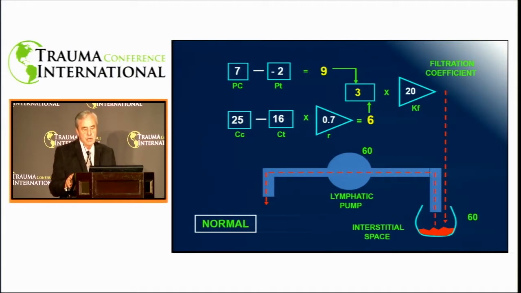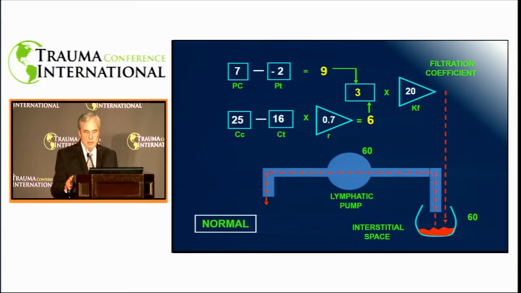Under them, the 25 and 16 are oncotic values, intravascular 25 and extravascular or paramicrovascular 16. And the very important numbers are the 0.7. This is the reflection coefficient to proteins.